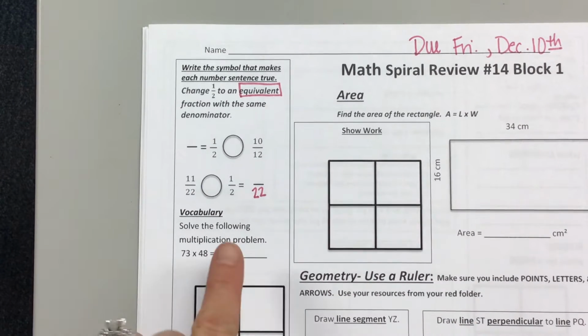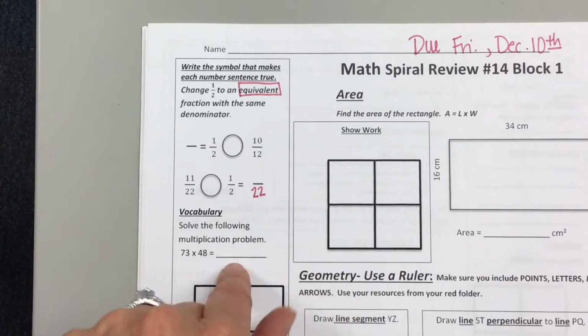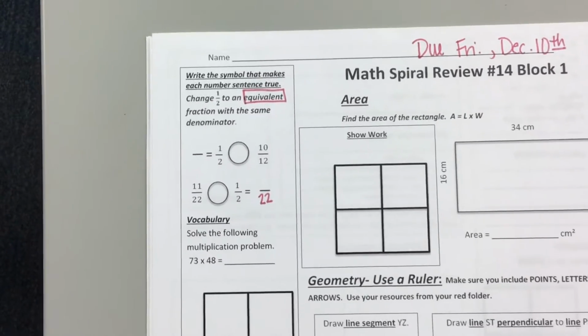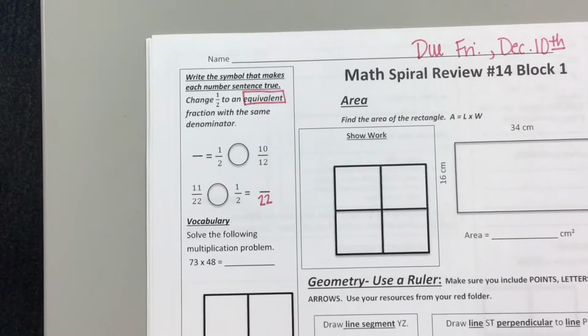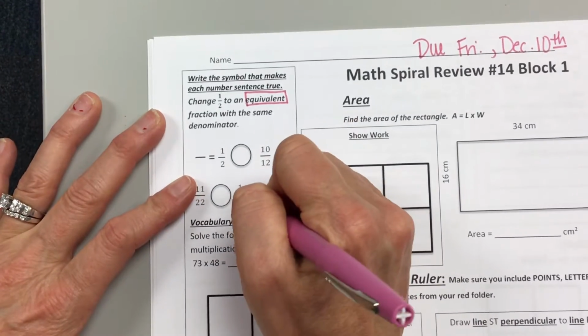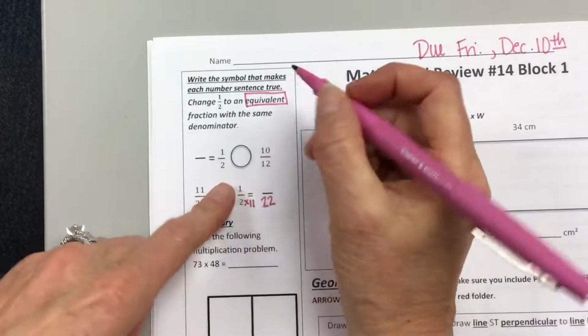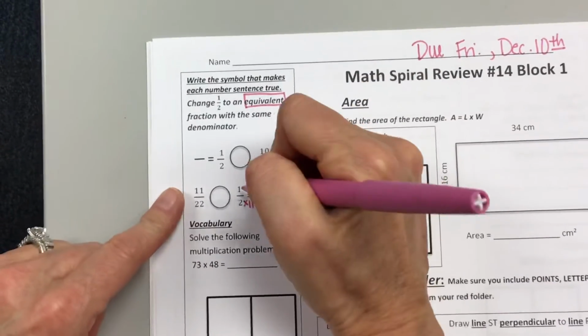So what would I have to multiply this denominator by to get to 22? 2 times what is 22? Raise your hand if you know the answer, please. Harper? 11. So if I do 2 times 11, then according to my chant, I need to multiply the numerator by 11 as well.